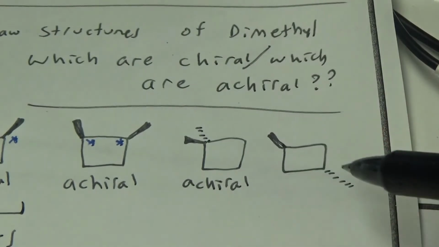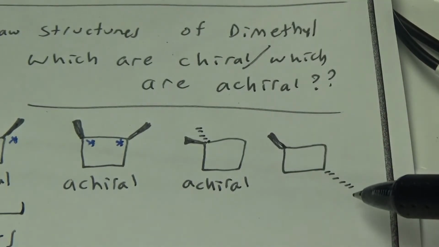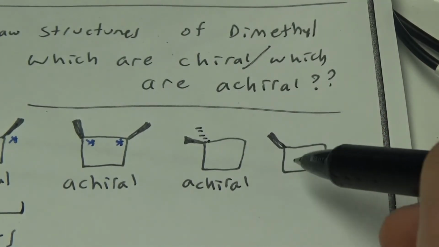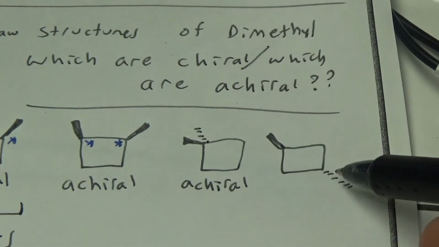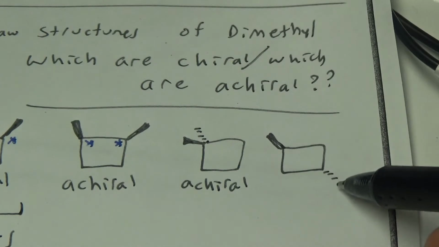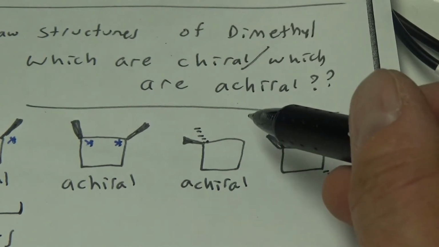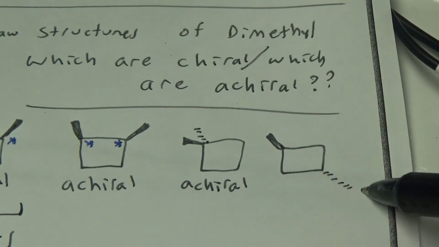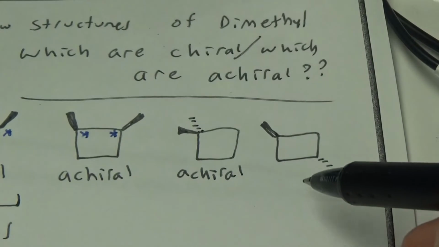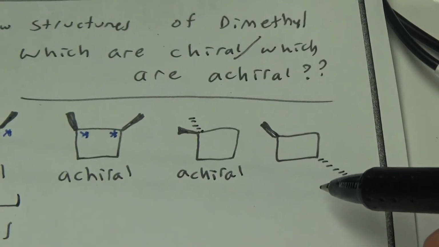But anyway, it's achiral. This one, do you have any chiral centers? No chiral centers. That's not a chiral center. That's not a chiral center. No chiral centers, right? And also a plane of symmetry. Because if I slice right through one CH3, right through the ring, right through the other CH3, then the top mirrors the bottom. If you have a plane of symmetry, is it chiral or achiral?